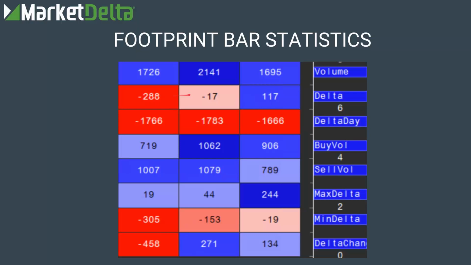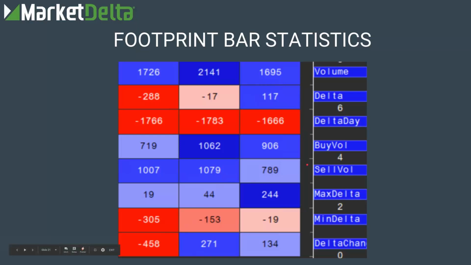Let's look at these two here, minus 17 and minus 88. The difference is 271. So there's a big swing in delta here. It was really negative over here, and it's a lot less negative here. And that shows for a positive. What it ends up showing you is an early warning sign of the market reversing. And that's how I use it.